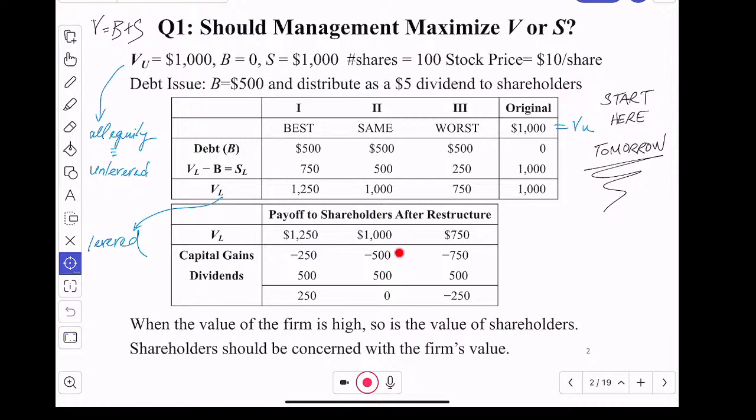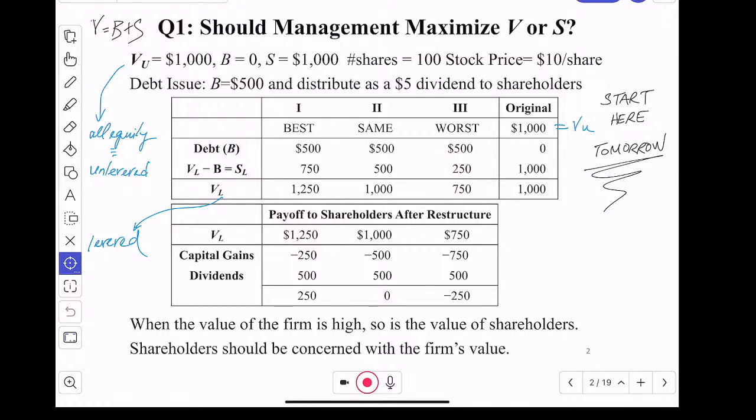Put that together with the 500 total in dividends, then there's no net payout. There's no effect of the restructure. And the third scenario, in the worst case scenario, let's say the firm loses value, that would leave the shareholder equity as 250. The debt is 500.